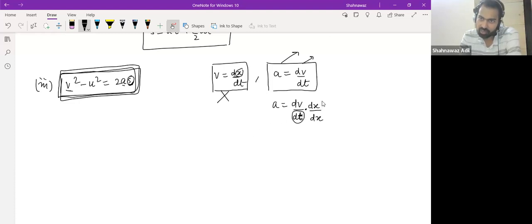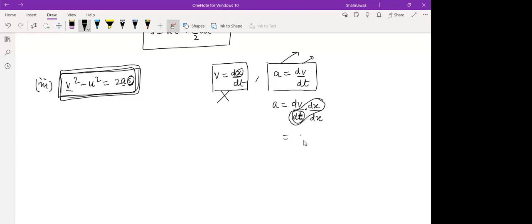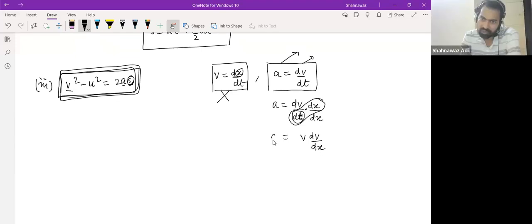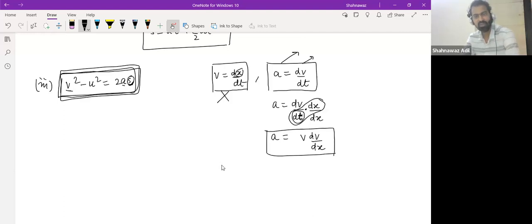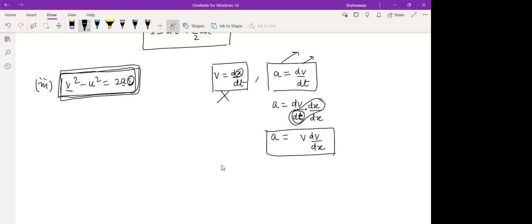Now you guys tell me, what is dx by dt? Yes, v. So this is v and this is dv by dt. Now you guys see that I have changed this differentiation with respect to x. I don't have this differentiation with respect to time. Is this part clear to you guys? Okay, now let us solve this differentiation.